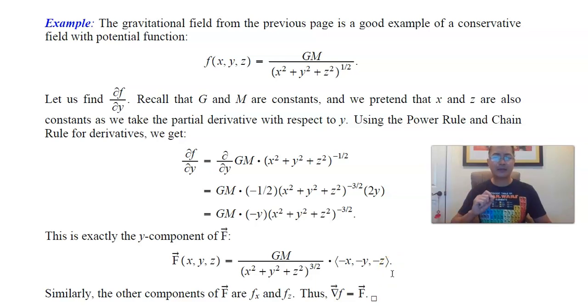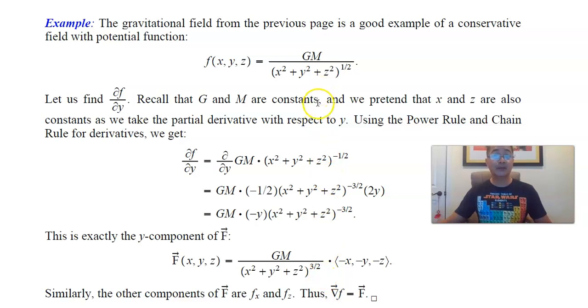So now we're going to go backwards. I'm going to give it to you, and in fact it's right there. This scalar function f of x, y, z is a potential for this vector function. If we take the gradient of this scalar function, we are going to get the 3 components of this vector field.